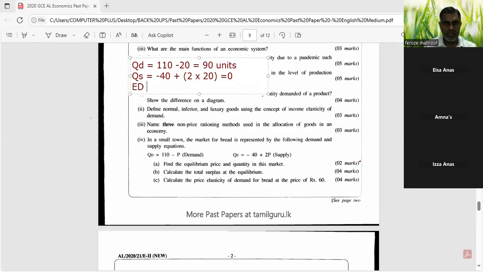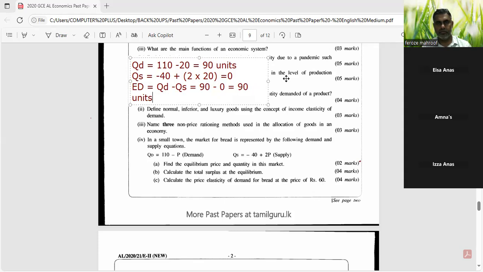So excess demand is QD minus QS. QD is 90. QS is 0. So the answer is 90 units. Okay? Answer is 90 units. Everybody understood? Correct, no?